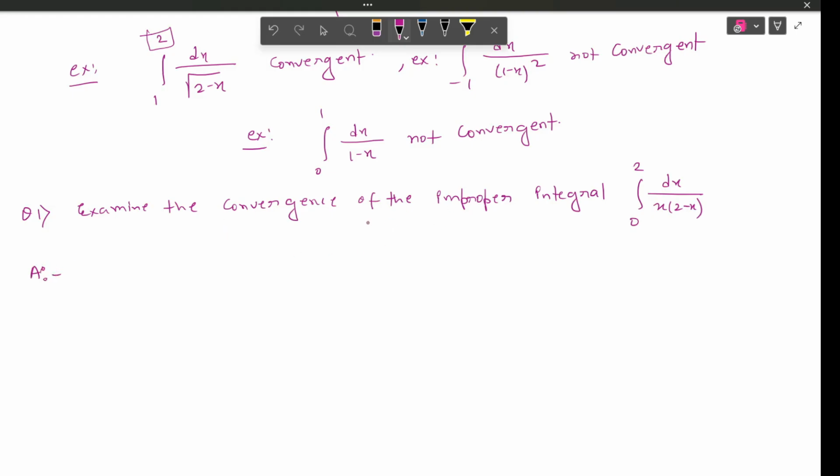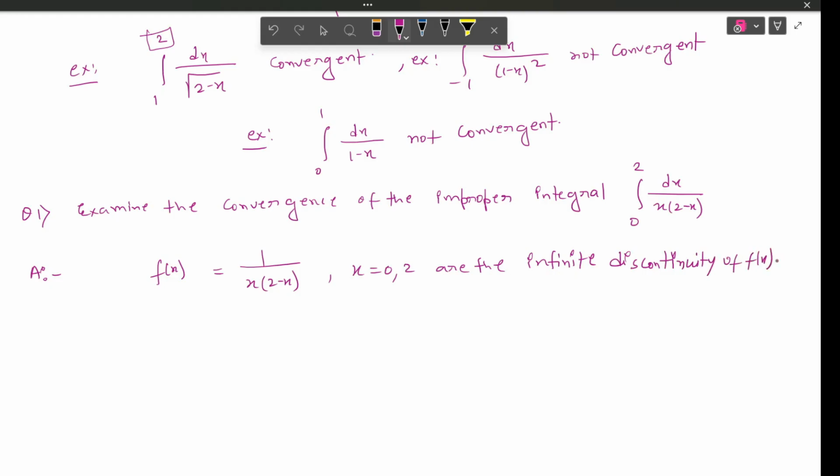So let's examine. Let us say here we have f of x is 1 by x into 2 minus x. Clearly, we can see that if we put 0 here and 2 here, it will be infinite, right? So we can say x equals 0 and 2 are the points of infinite discontinuity of f of x.